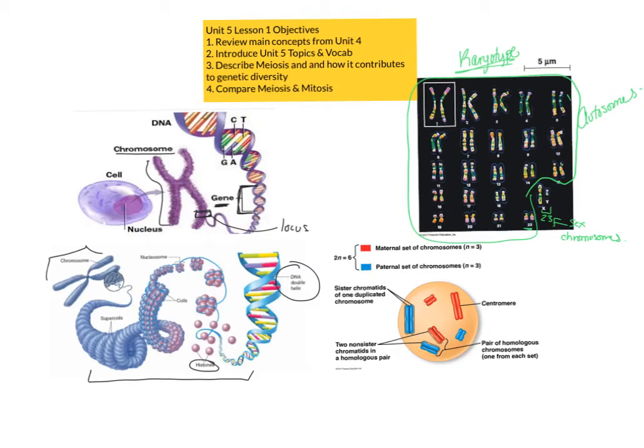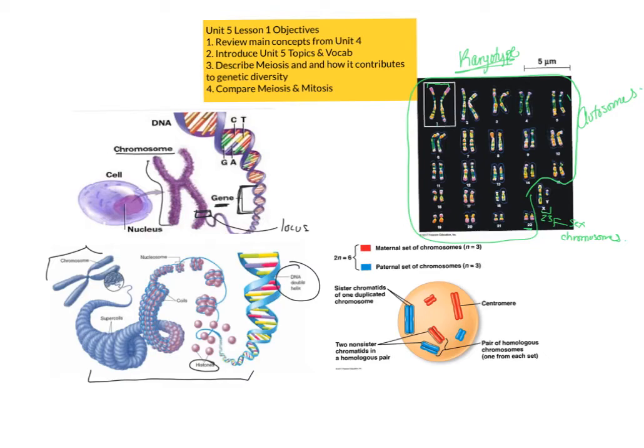Now, some other terms that we're going to use that are going to be useful when we talk about meiosis are homologous chromosomes and sister chromatids. So I want to talk real briefly about the difference between those. So first, let's start with homologous chromosomes. Okay, so a homologous pair of chromosomes, if we look at this chromosome number 1 in this karyotype, we know that we get half of our genetic information from our mom and half from our dad.